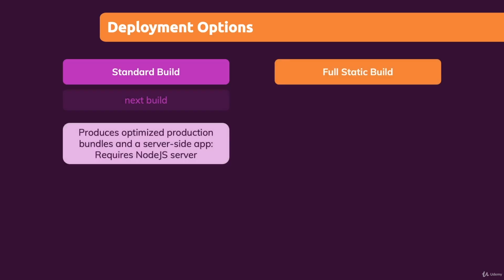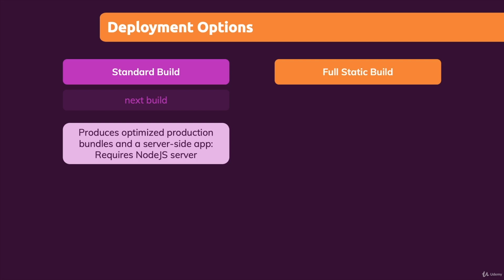When running this command, NextJS produces an optimized production build, optimized production bundles for your application, and very important, it spits out a server-side application. The result of running next build is an output that requires a Node.js server to run it.